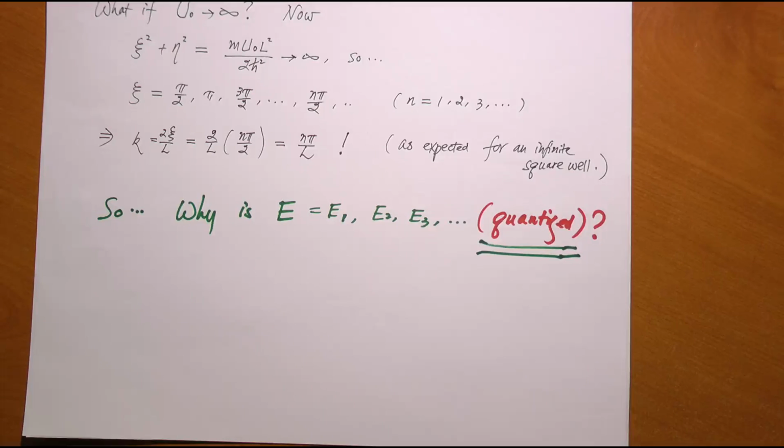So, let me ask you this question. You call this course quantum mechanics or quantum physics. Does that mean energy is always quantized, or everything is quantized in quantum mechanics? Is quantization of energy a first principle in quantum mechanics? First principle means we cannot derive it from anywhere else.